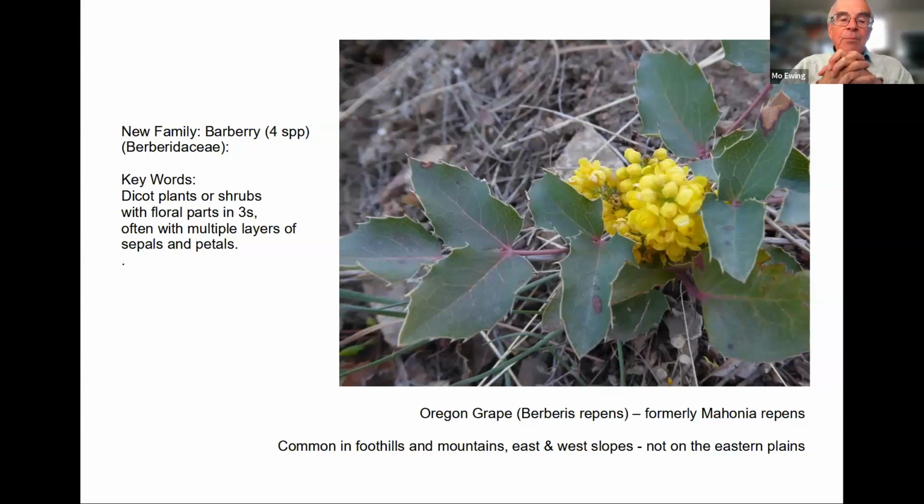And in a dicot plant, if you've done any gardening or get out in the early spring, when a plant first comes out, it either will have one leaf or it'll have two leaves. They're called cotyledons. They're not real leaves, but it's the first one.